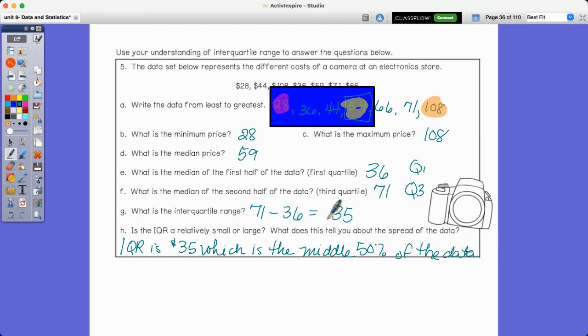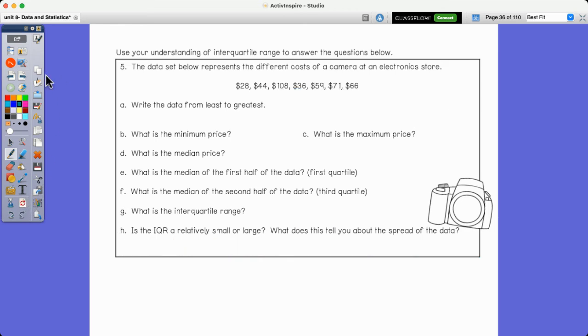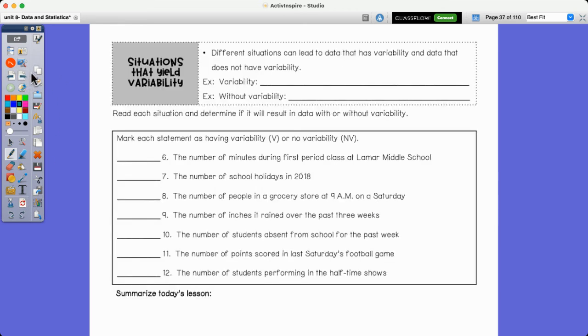That means the middle half of the data is within $35. Okay. We're going to do lots of these. Don't worry about it if you didn't catch all of that now.